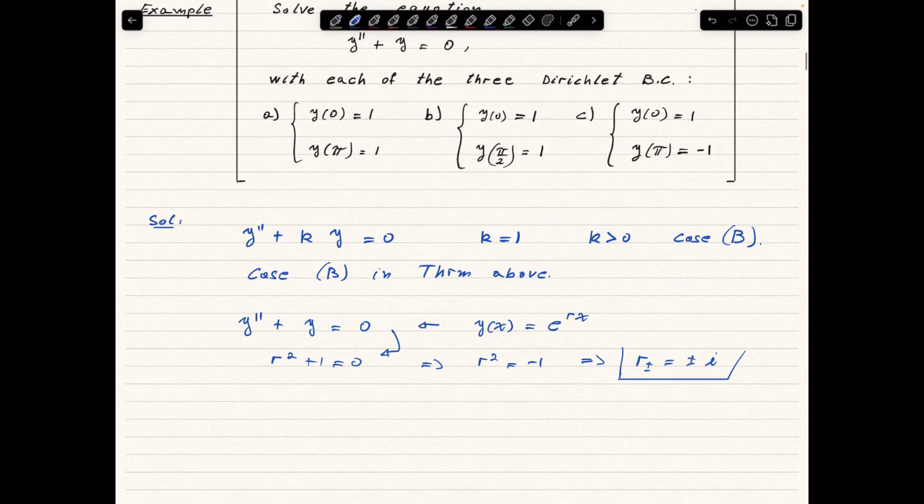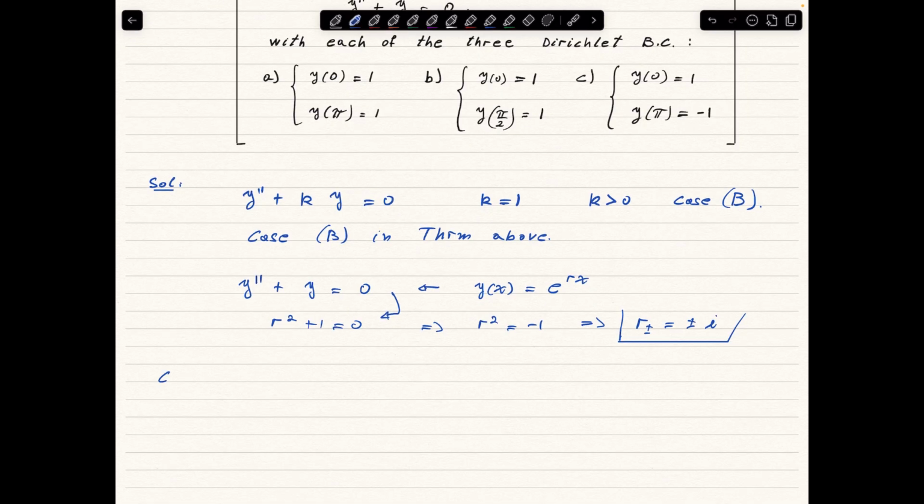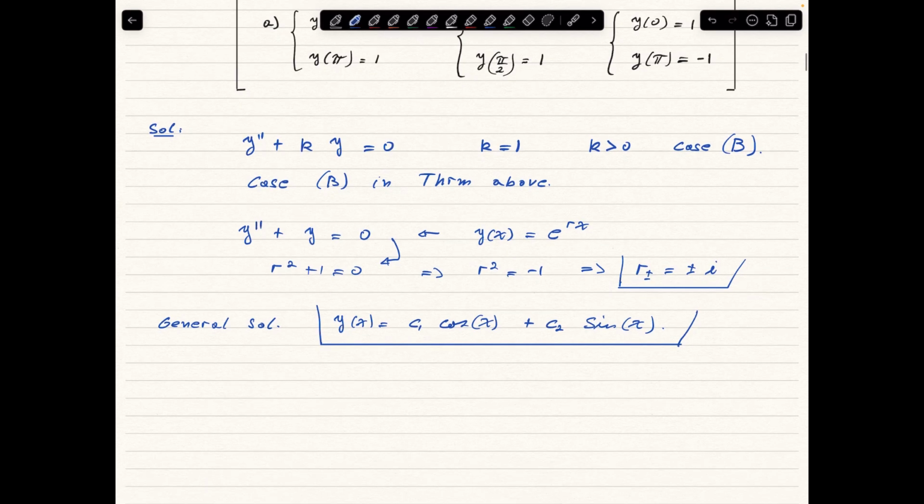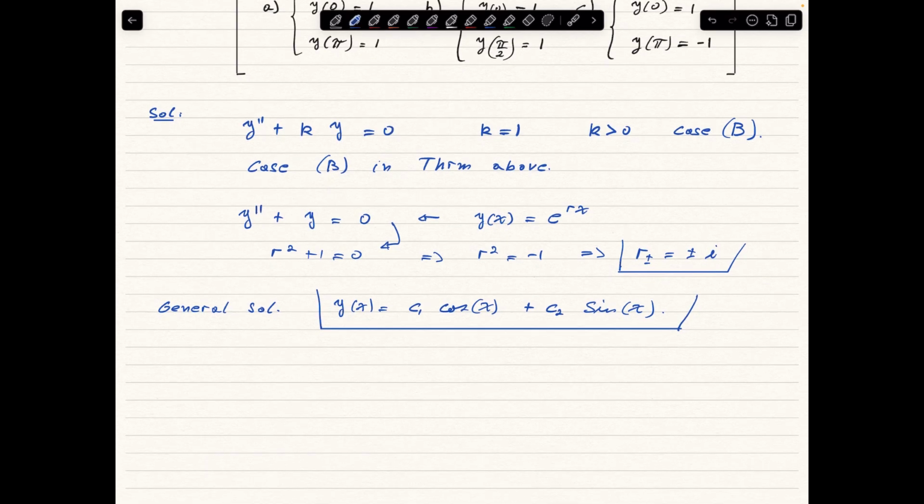Good. So what is the general solution? The general solution of the differential equation is going to be a constant multiplied by the cosine of x plus another constant multiplied by the sine of x. This is the general solution for all the differential problems that we need to solve. So now we impose the boundary conditions.